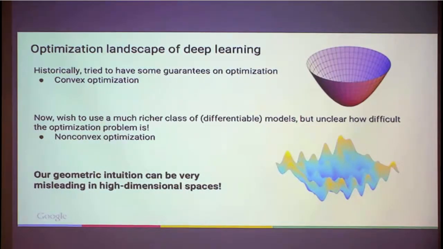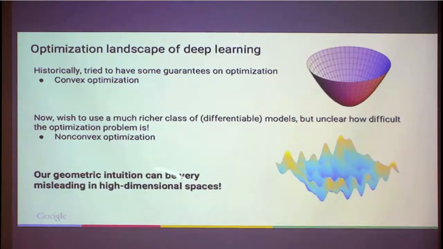It was non-convex. One of the interesting things about this deep learning comeback is that by pushing things into this regime that we are in now, where systems are much larger, at scale, we seem, at least in practice, to find that we can do the optimization reasonably well. And so maybe this picture is not quite right. One thing that's hard is that our geometric intuition can be very misleading in high-dimensional spaces.